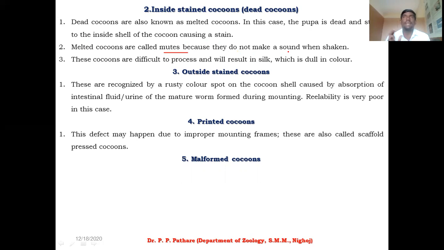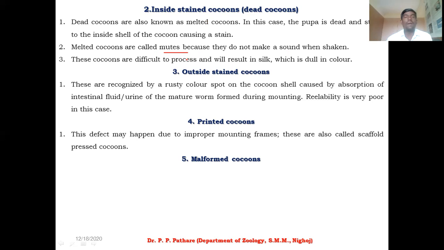If you want to shake, you can take the cocoon in your hand, hold it close to your ear and shake it. At that time it produces some sound, but here the pupa is dead, so it cannot produce the sound, so it will be called mute cocoon.